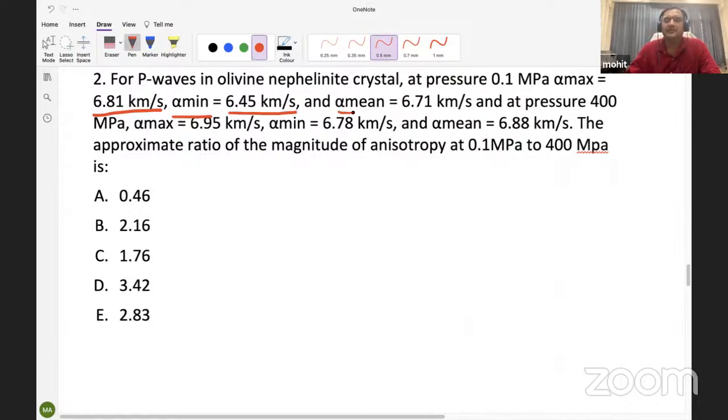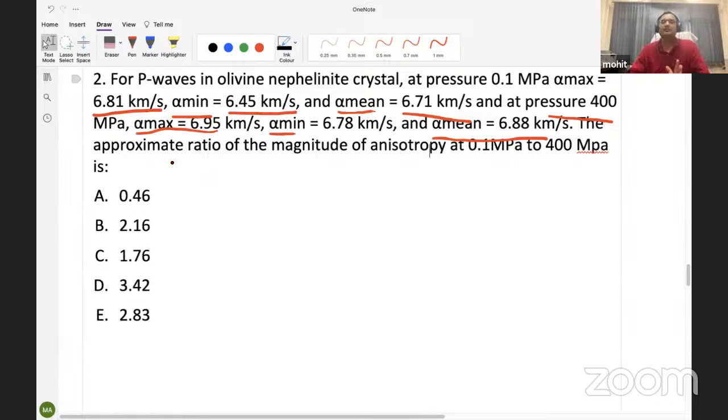The mean P wave velocity at 0.1 megapascal is also given, while at pressure 400 megapascal, the same values for P wave are given. The approximate ratio of the magnitude of anisotropy at 0.1 megapascal to 400 megapascal is.